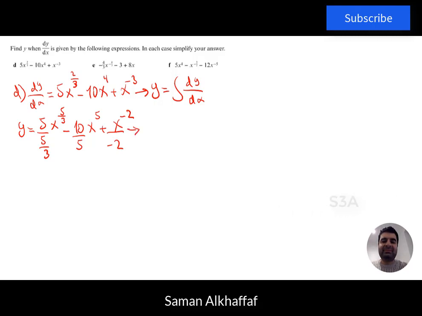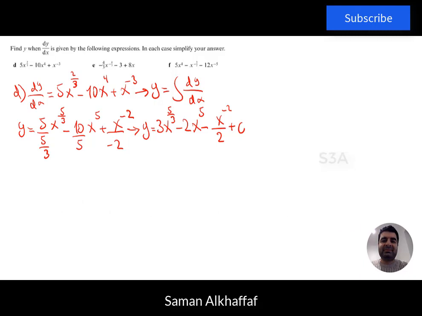So now for us to simplify this expression, we have y equal 5, and the 5 will disappear, so that will give us 3x to the power of 5 over 3, minus the 10 divided by 5 will give us 2x to the power of 5, and then we'll take the negative sign, so that will be minus x to the 2 over 2 plus c, and this will be our answer for part D.